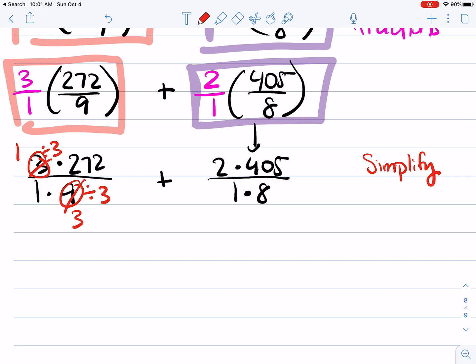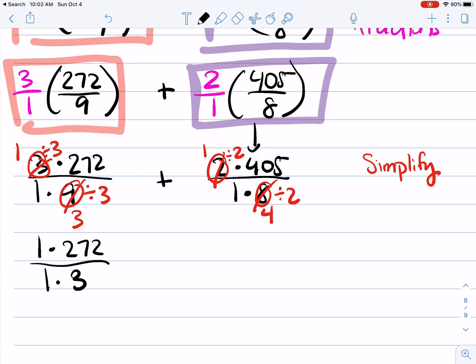And then we'll do the same thing on the other side. So I divide this by 2. I divide this by 2. This is going to turn into 1. This is going to turn into 4. Okay, let's clean that up a little bit. So 1 times 272, 1 times 3, 1 times 405, 1 times 4.